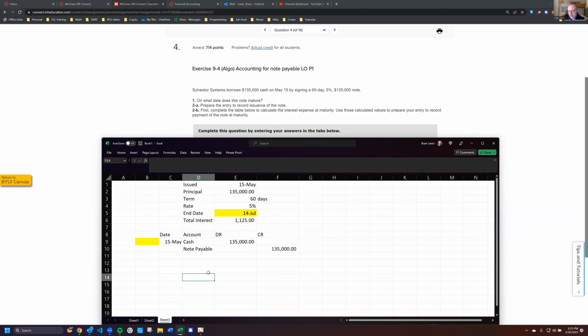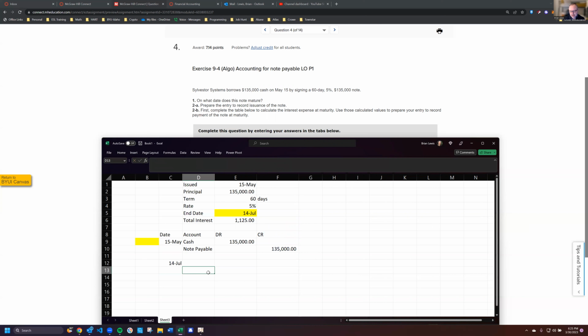Use those calculated values to prepare your entry to record payment of the note at maturity. So this isn't breaking up anything into months, it's just looking at totals. So on maturity, the payment, we want to take the end date, right? So let's just look at the end date.